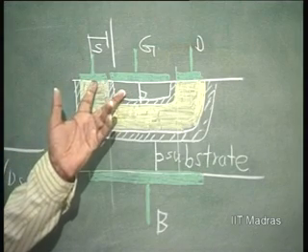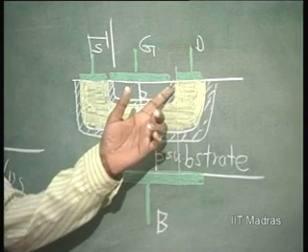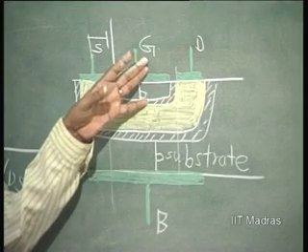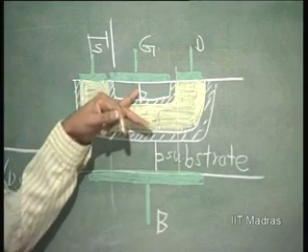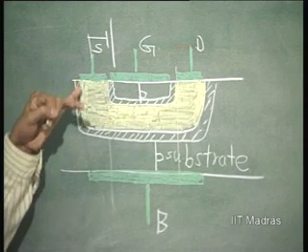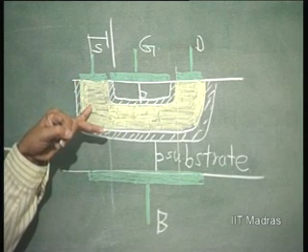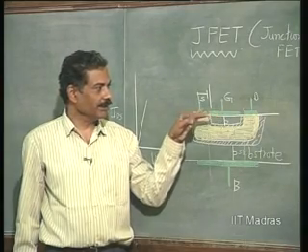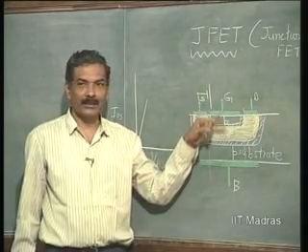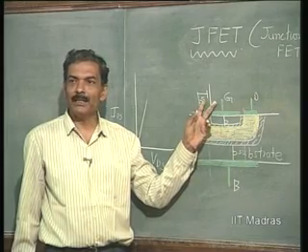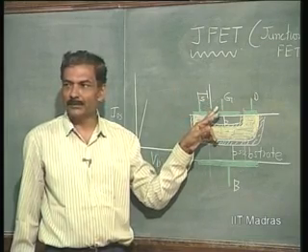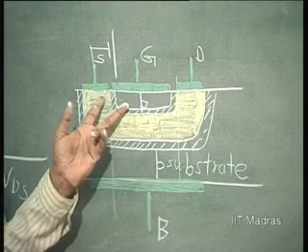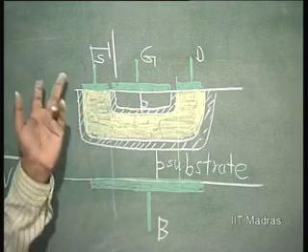This is a junction here which is important, which should be always kept reverse biased so that the gate does not start conducting. Gate is P type and source is N type. So, if I apply a positive voltage here with respect to this, this will start conducting. That means this should be biased in the opposite direction, so that initially there is no gate current at all, right.